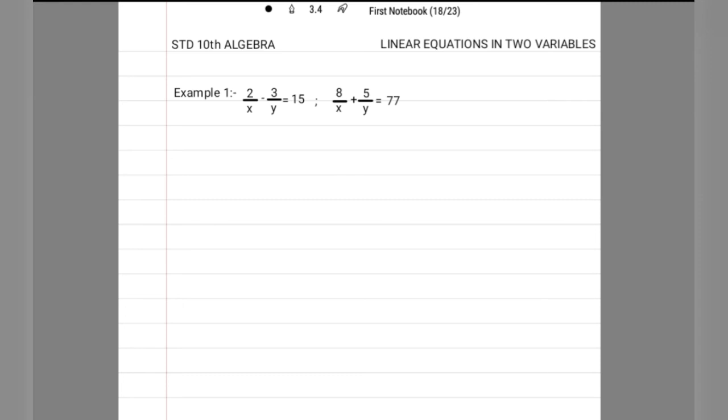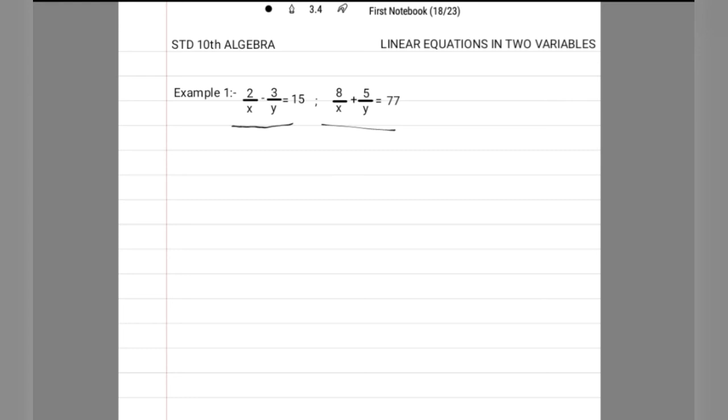Now we have two equations, that is 2 by x minus 3 by y is equal to 15 and 8 by x plus 5 by y is equal to 77. Now both the equations are not linear equations, because as we have shown, we get a 2-degree equation if we take an LCM also. So this is not possible, and we can convert this equation into a linear equation.